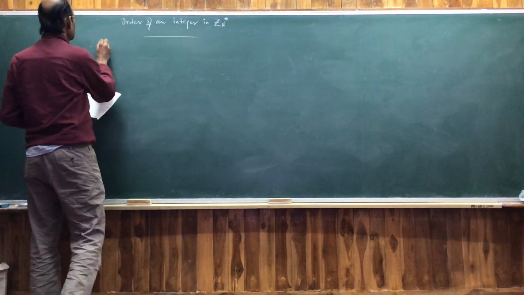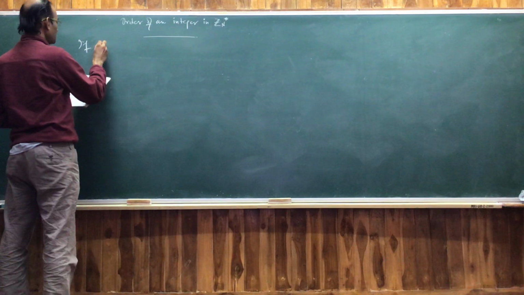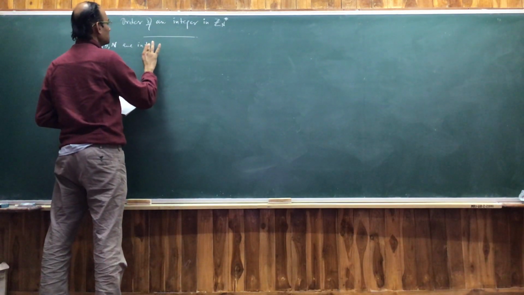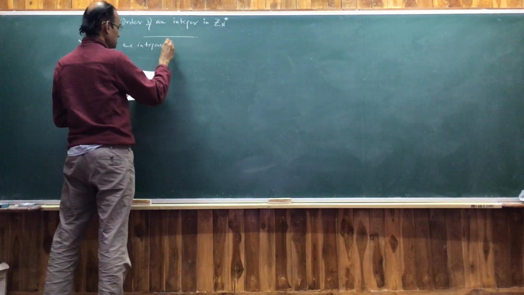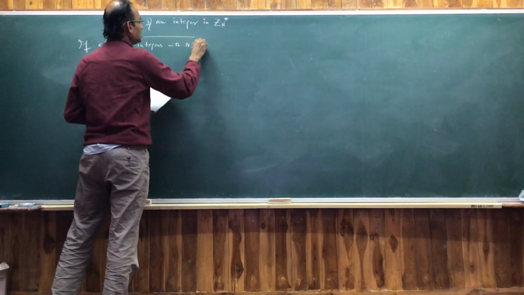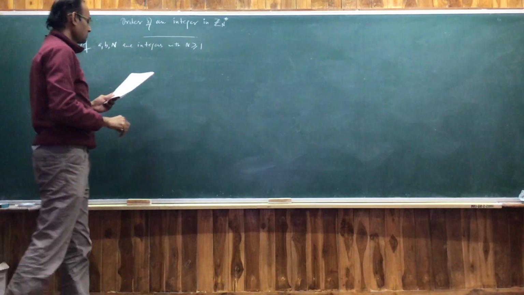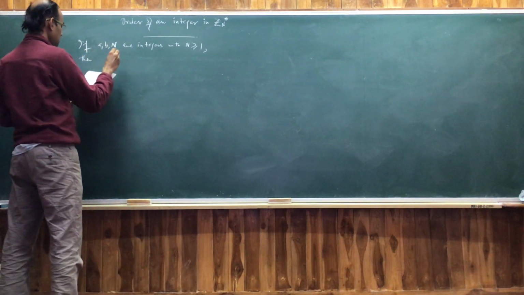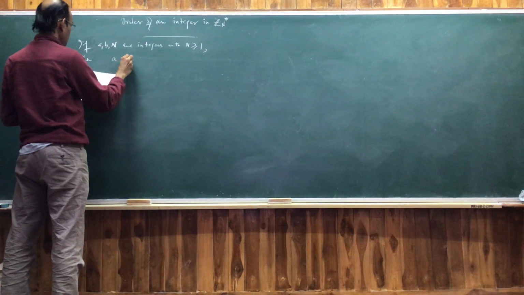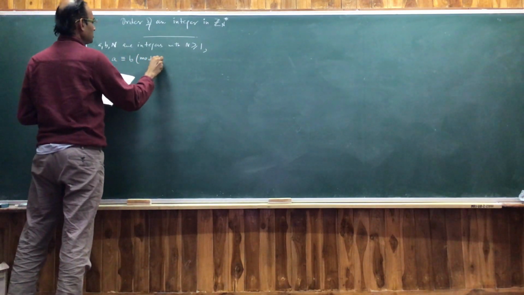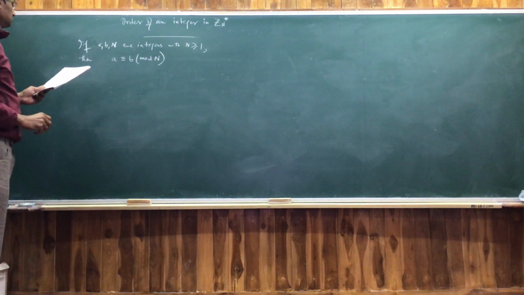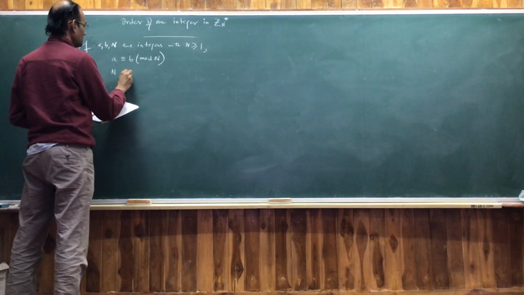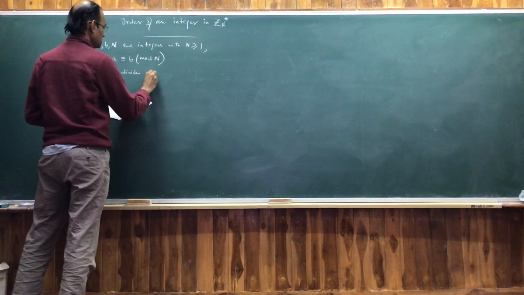First of all, if these three are integers with n greater than 1, then if I write a is equivalent to b mod n, this means n divides a minus b.